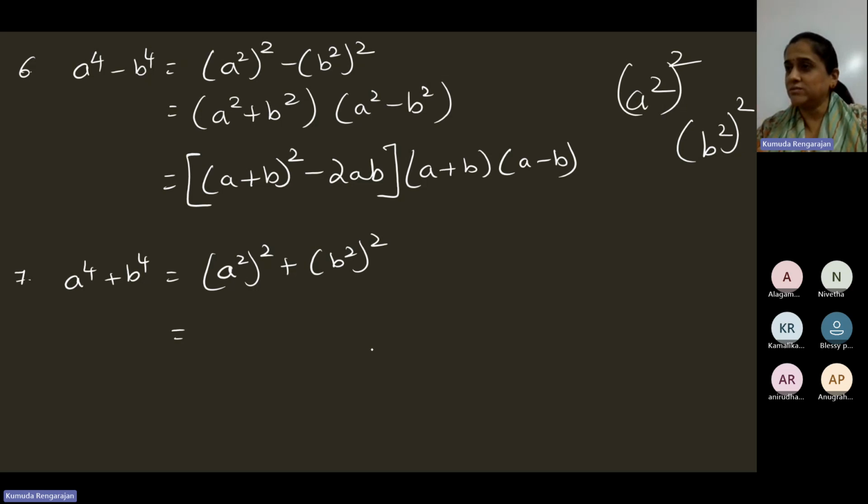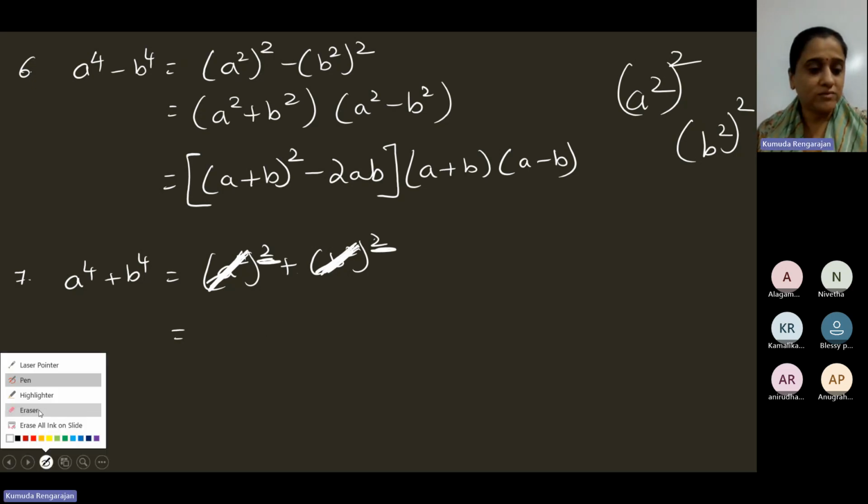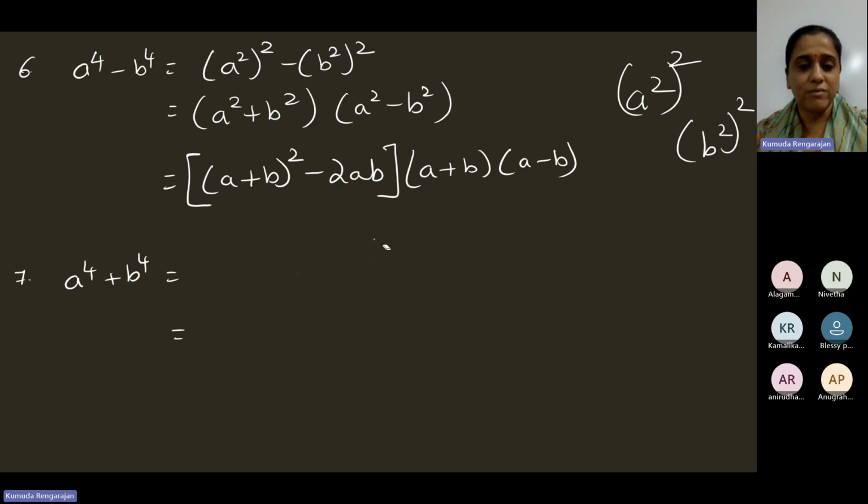A square is the term squared plus b square squared. See, this is a square, this is b square. What is a square plus b square? (a plus b) the whole square minus 2ab.